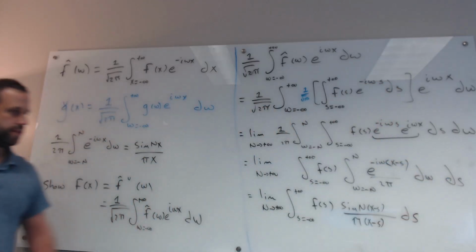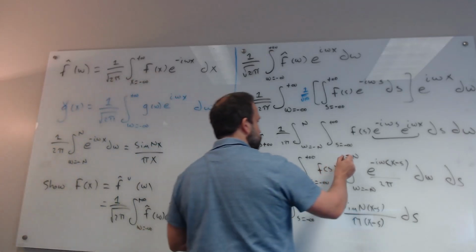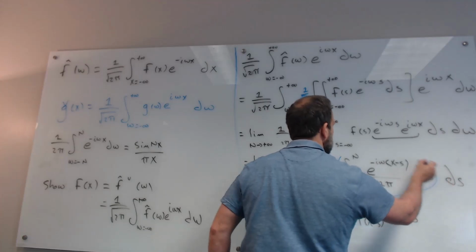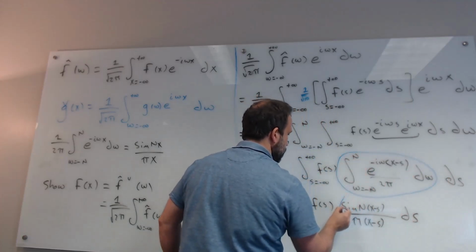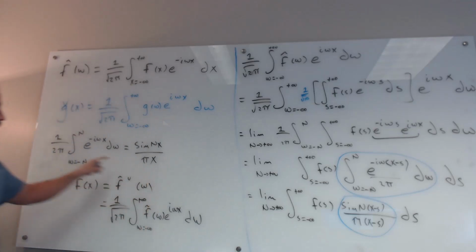Again, I'm going to circle in blue the things that are equal. This is equal to that, just by using this computation over here, but instead of having an x, I have an x minus s.